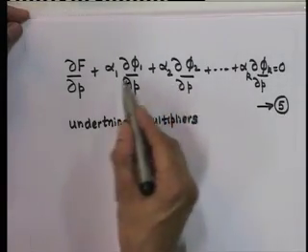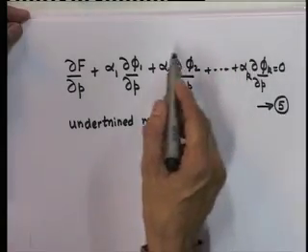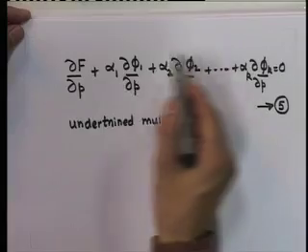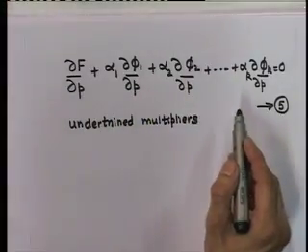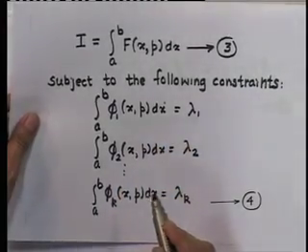These multipliers can be found by substituting the solution of P(x) obtained from this equation into equation number 4.